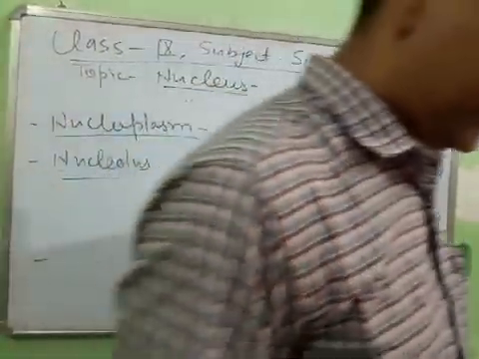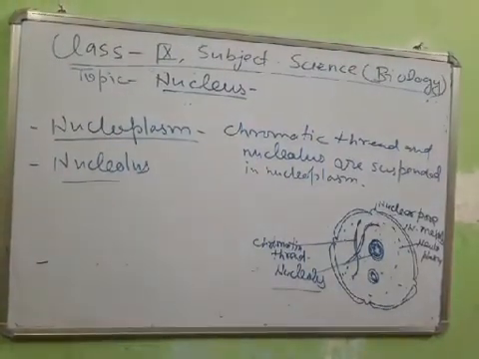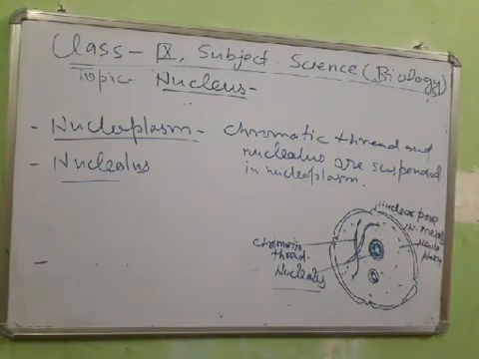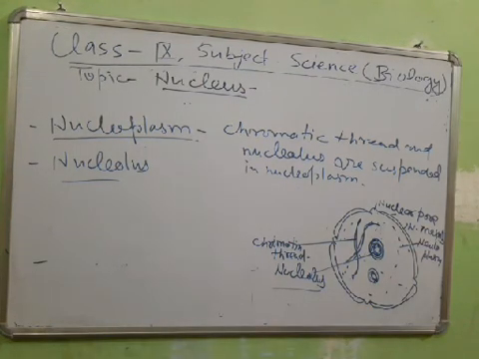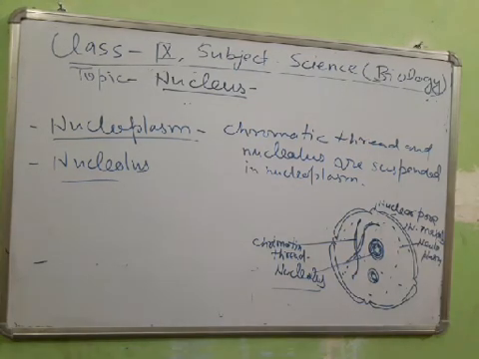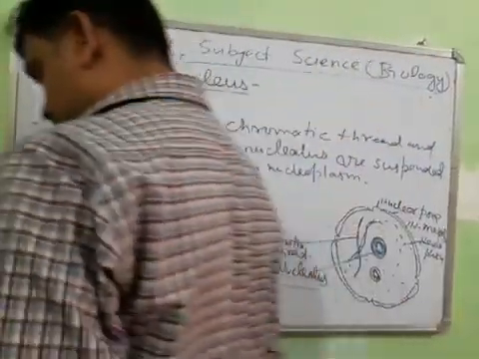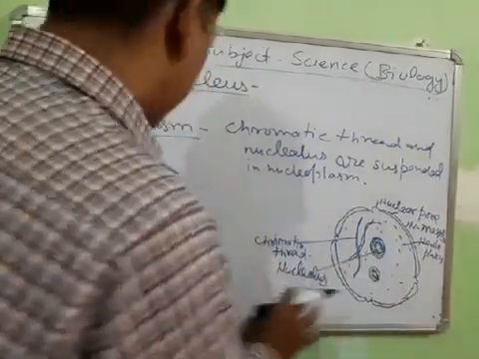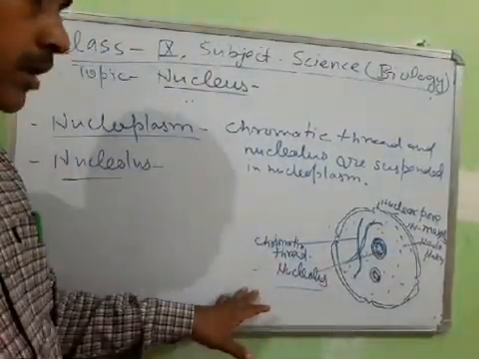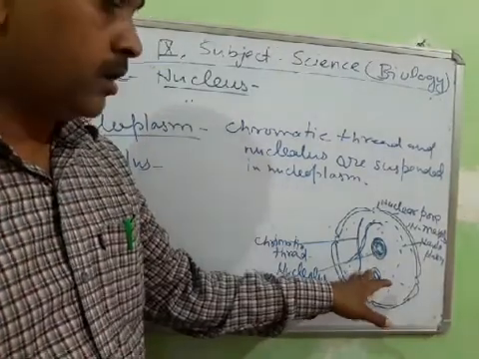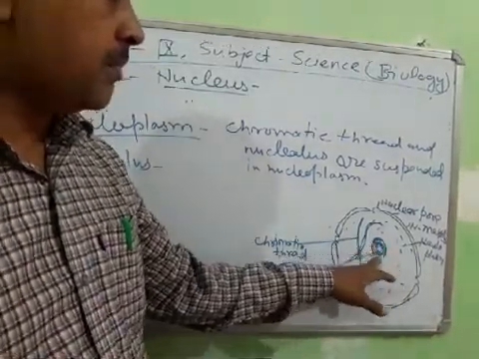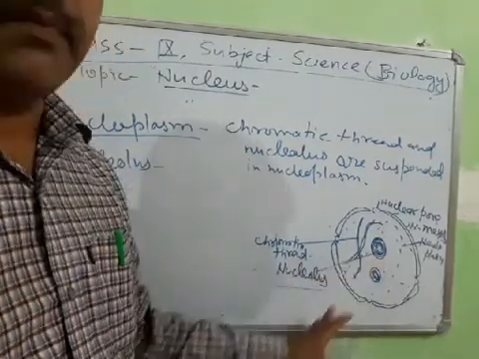Write down some points in your copy, student. Okay, student. Nucleolus is found in the nucleoplasm, which is not bounded by any membrane.